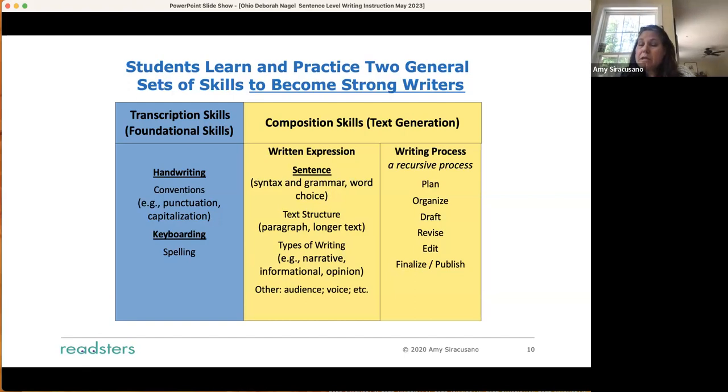And I will tell you that the simple view of writing, you guys, and even the not so simple view of writing, if you noticed in the model on that first slide, there is no multiplication sign. It is not a model that looks identical to the simple view of reading. So anybody that tells you that, they are wrong. They have created a graphic to make it look pretty, to match it up, but that is not the model. It was not tested like oftentimes there's a multiplication sign.